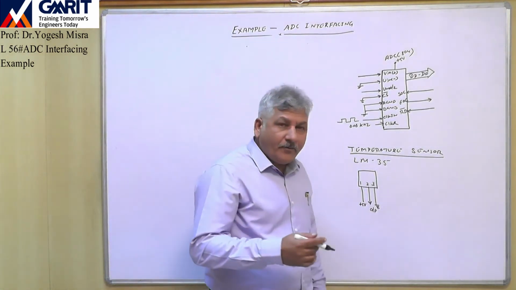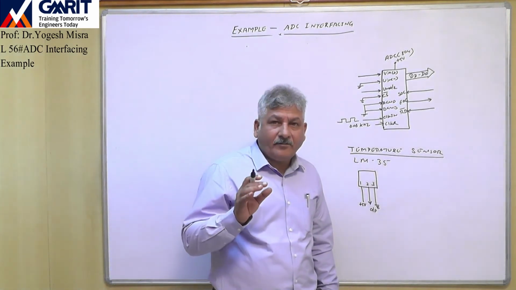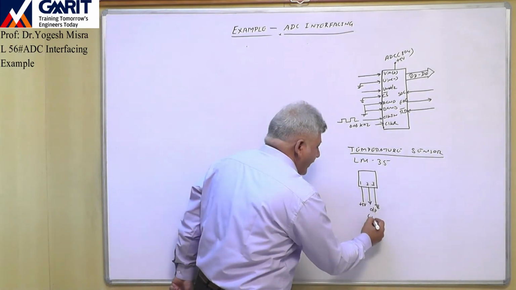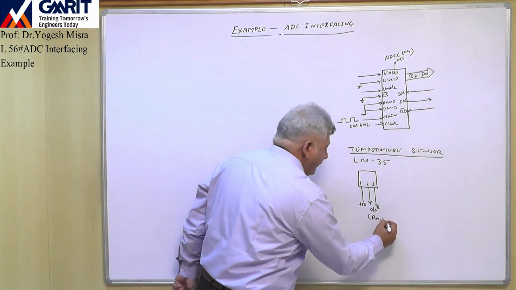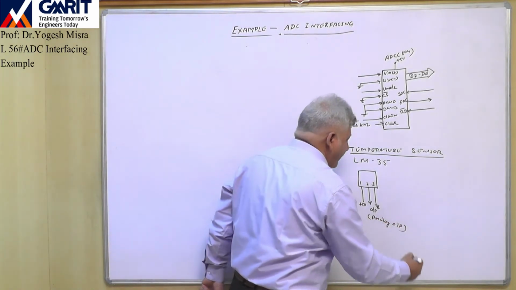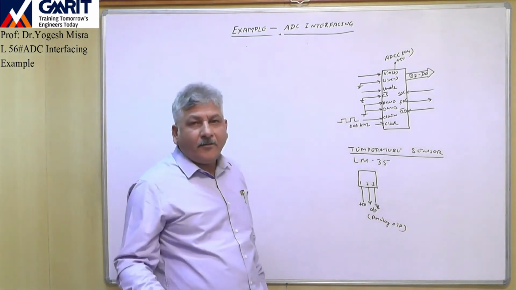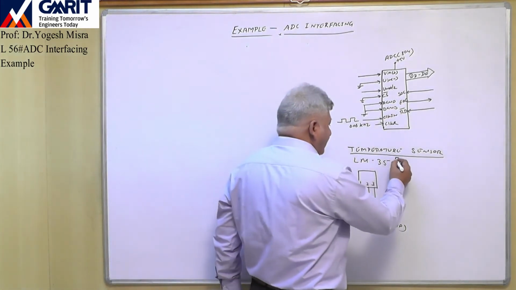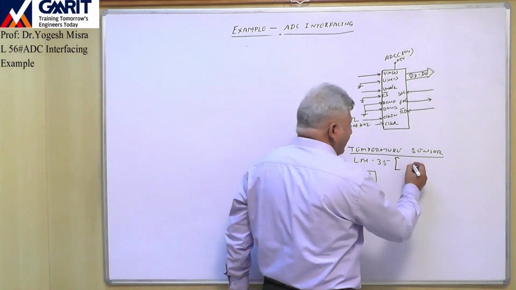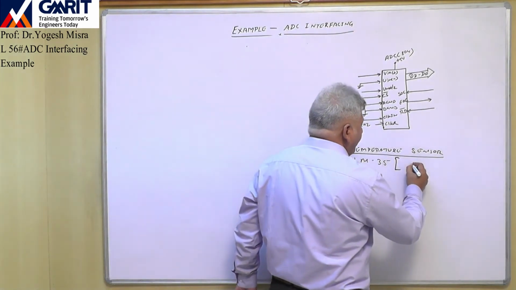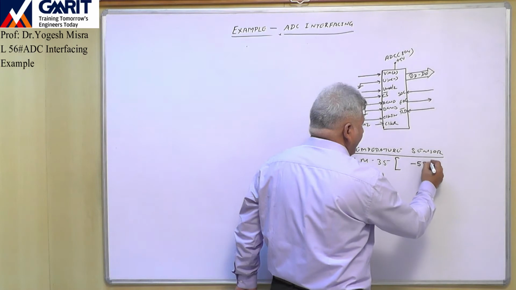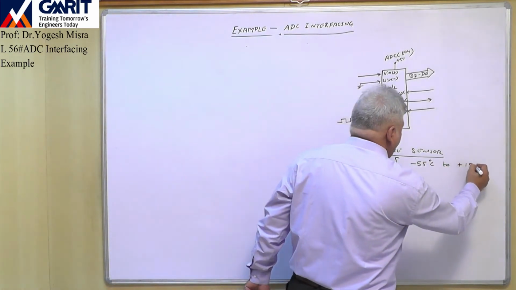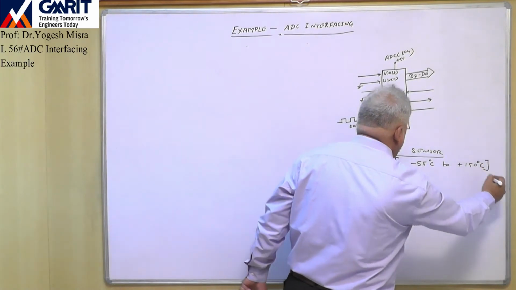Depending upon the temperature, this LM35 IC will generate analog output. LM35 can sense the temperature in the range of minus 55 degrees Celsius to plus 150 degrees Celsius.